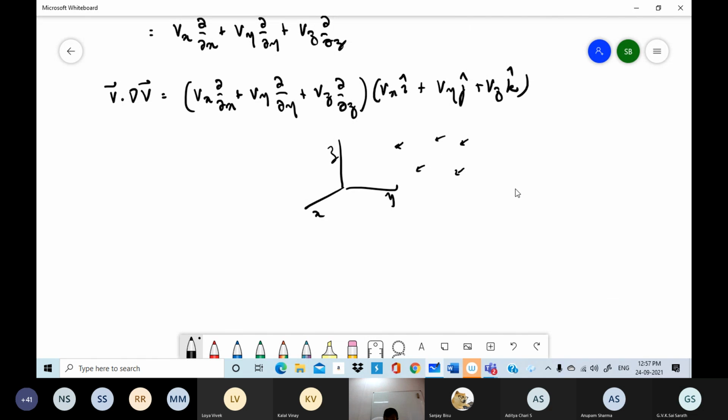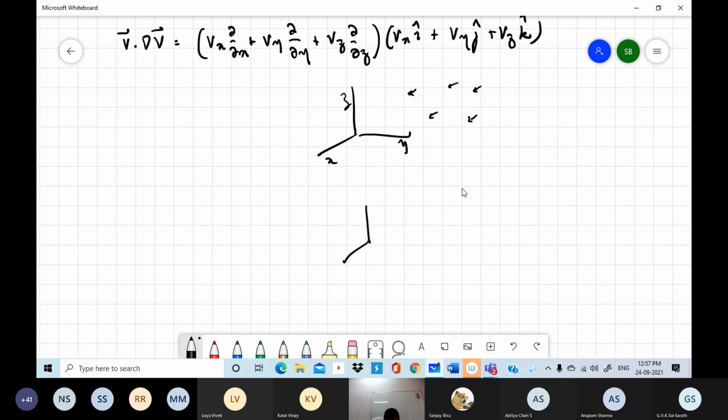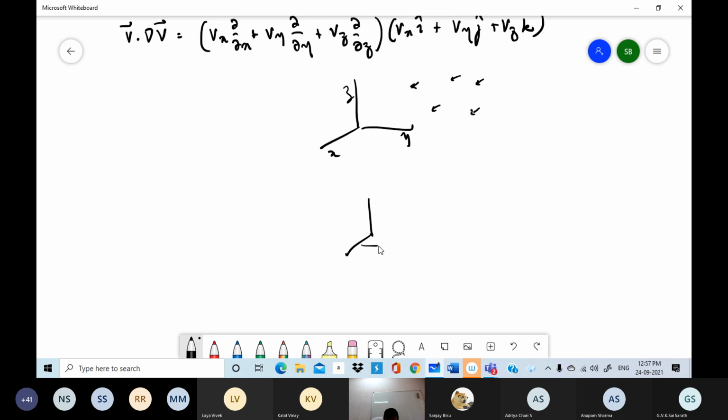If I measure theta from here and r in this direction, then e_r is in this direction and e_theta is in this direction.